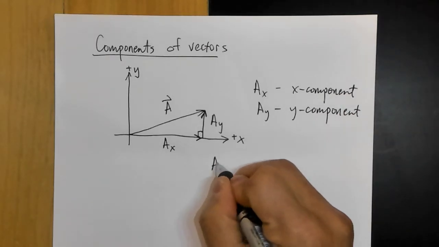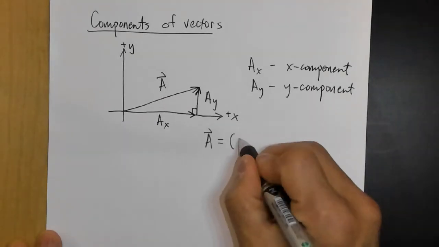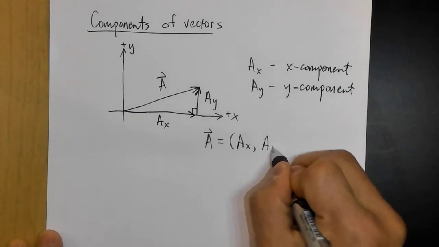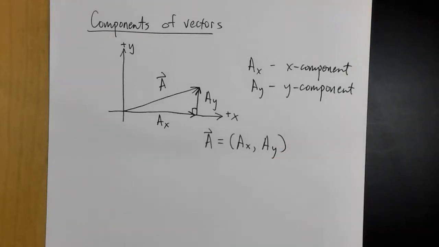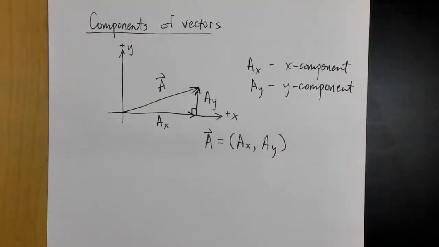Now we can even just write a notation as AX comma AY, just writing the components. That's one way of denoting a vector. Sometimes in some textbooks you'll see funny brackets, like angled brackets, but that doesn't really matter.